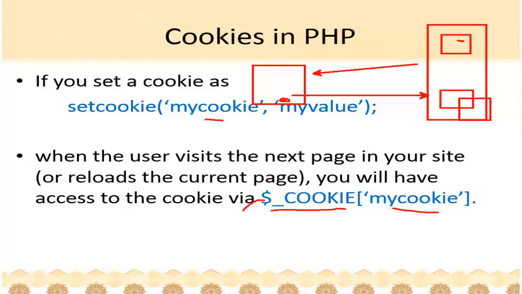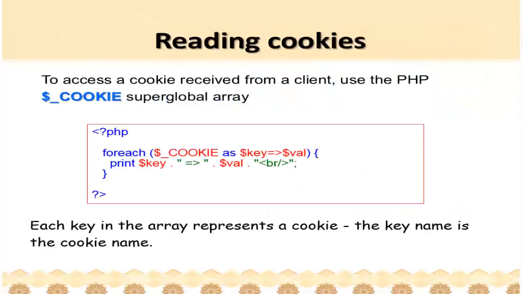What are you going to get out of this? When you call this array, you are going to get the value that was stored on the client side, either the actual value or the manipulated value that the client has modified. Whatever it is, you are going to get the cookie value in any case.